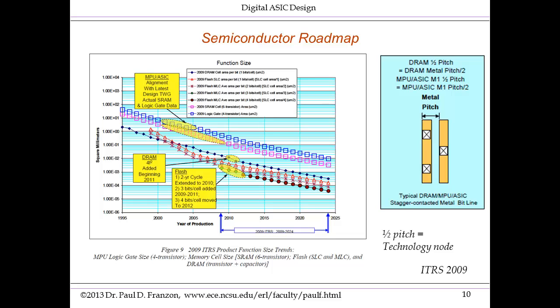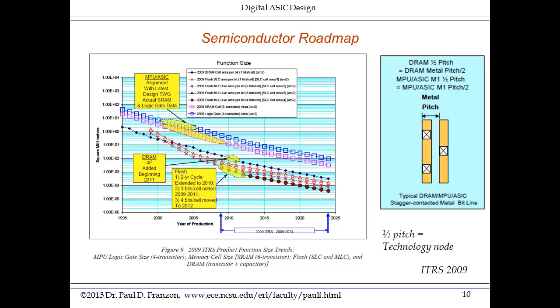This figure on the left shows the specific trend for memories. For SRAM, the top lines, for DRAM, the middle line, and for flash, the bottom line. You notice the scale on the left, which is basically density, is logarithmic.